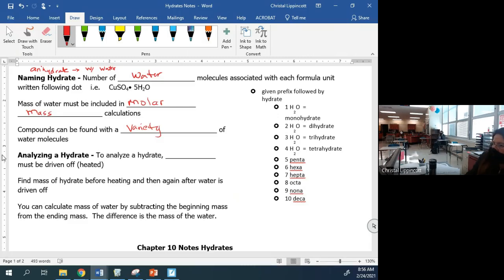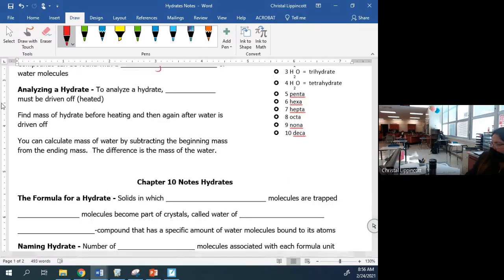Okay. So in order to determine the formula for one of these hydrates, to analyze it, the water has to be driven off, and we drive it off by heating it. And then you can find the final mass of that hydrate before the heating and then after it, and that determines how much water was lost.